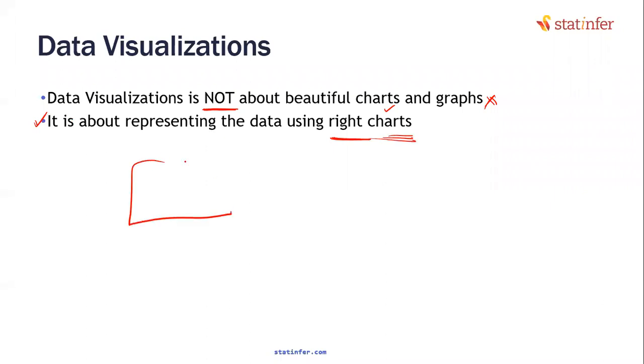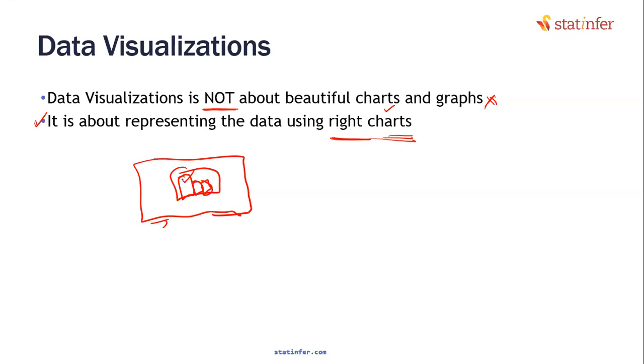Basically, if you are drawing a chart, whatever this graph has to tell in its bullet points, without reading those bullet points, I should be able to understand. Just by looking at the chart, I should understand what you're trying to highlight. Let's say this is a country wise average income chart or country wise average expenses chart.